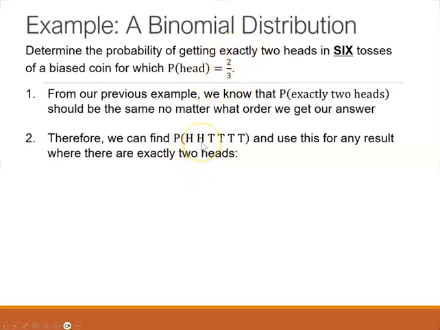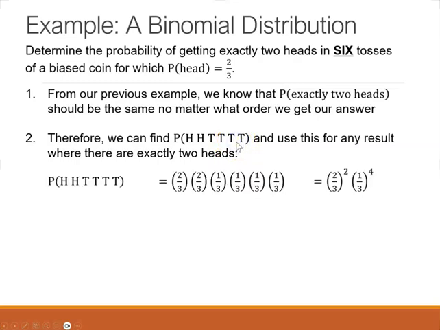Then to get a second head, multiply by 2/3. And then get a tail, multiply by 1/3. And I'll do that 3 more times. So that's the probability for 1 outcome. Everybody feel okay there?